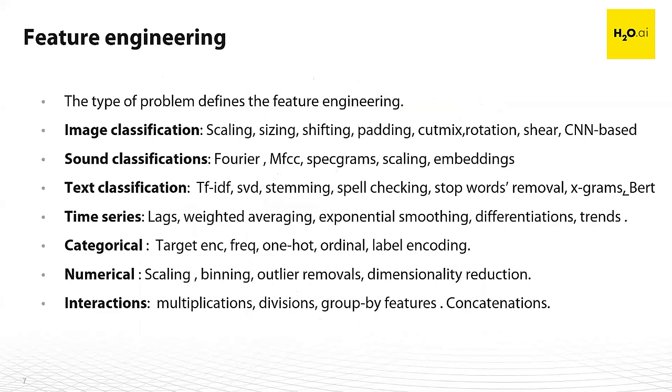I don't want to get too worked up with what I'm showing on the screen right now. We will go into more detail with some of these categories, but the main point I wanted to get across is that each different problem has its own different feature engineering.